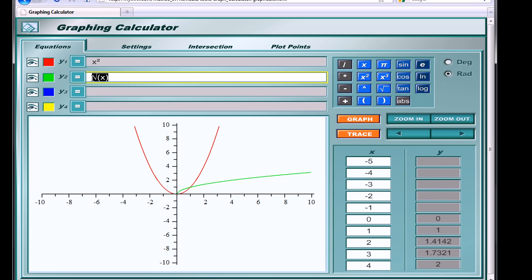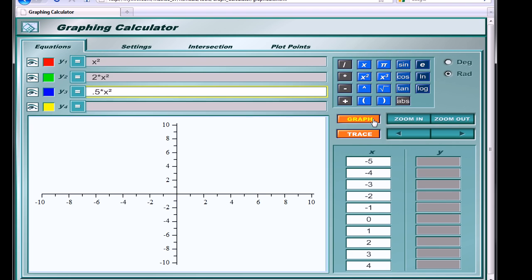Let's see what happens when you get 2 times, not 2 squared, 2 times x squared. And let's do another one that is 0.5 times, or I could just do 0.45 times x squared. Let's graph these right there.